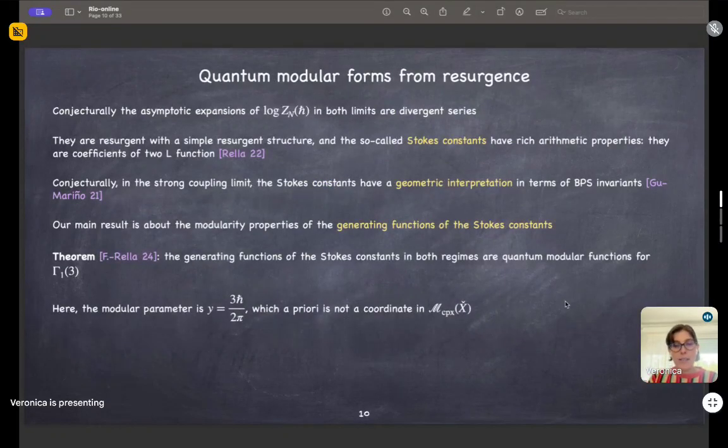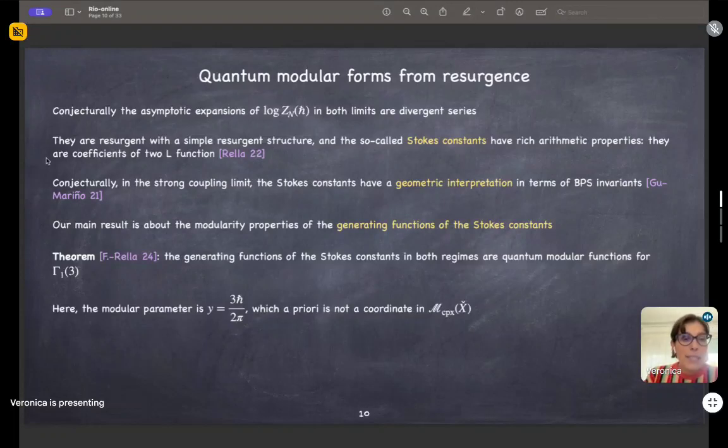So let me give you a very quick overview of which type of information we can get if we look at the asymptotic expansion of the logarithm of these traces. In both limits, they are expected to be divergent. Every time you get something divergent perturbatively, it makes sense to understand its non-perturbative correction.